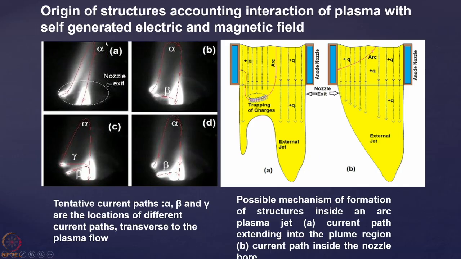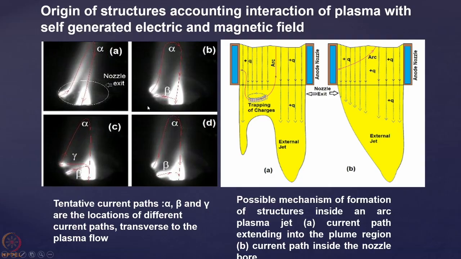So I have shown the arrow like this, and this is in the open space. The plasma jet is discharging in, say, open atmosphere. So this is the atmosphere, and this is inside the plasma device. Deep inside there is a cathode, and the plasma jet is coming out from there, and this is the nozzle area. This is the anode, where the arc is getting connected. Now you see that the connection is at only one point.